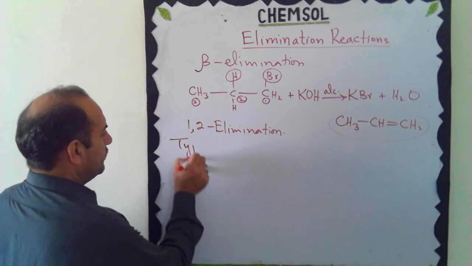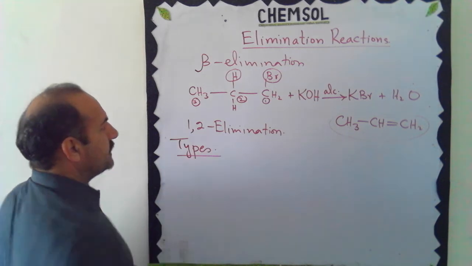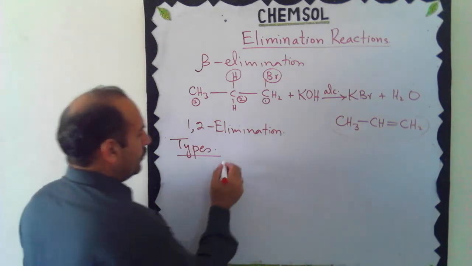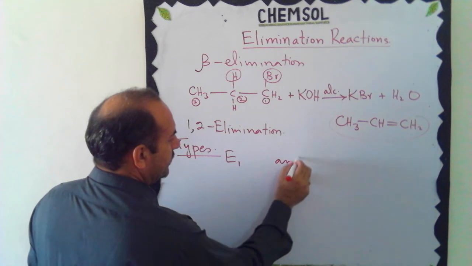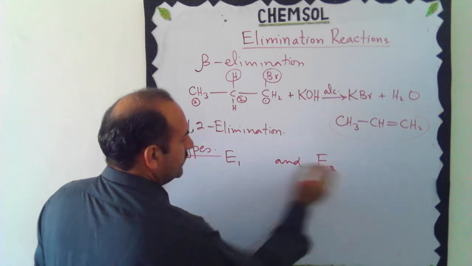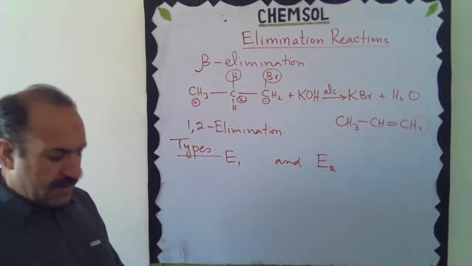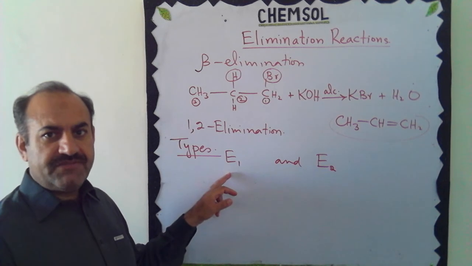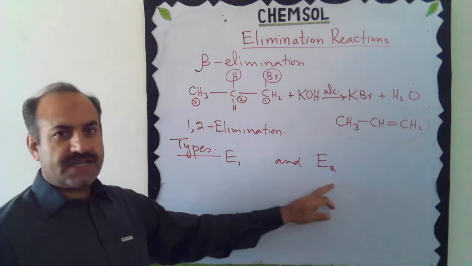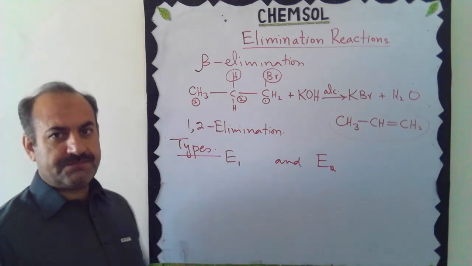Types. There are two types of eliminations. One is called E1 and the other is called E2. One is called the E1 mechanism or E1 elimination, and the other is called the E2 mechanism.